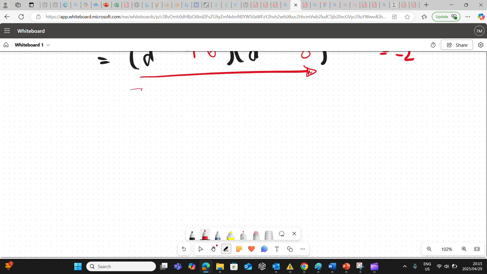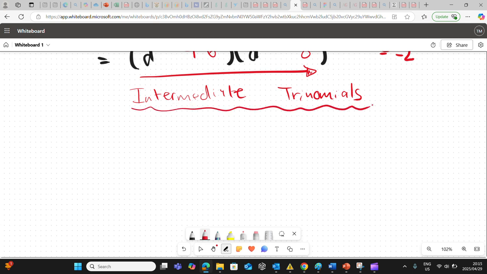So let's look at the intermediate trinomials. With these intermediate ones, remember, we can always take out a common factor. So let's look at an example of these.